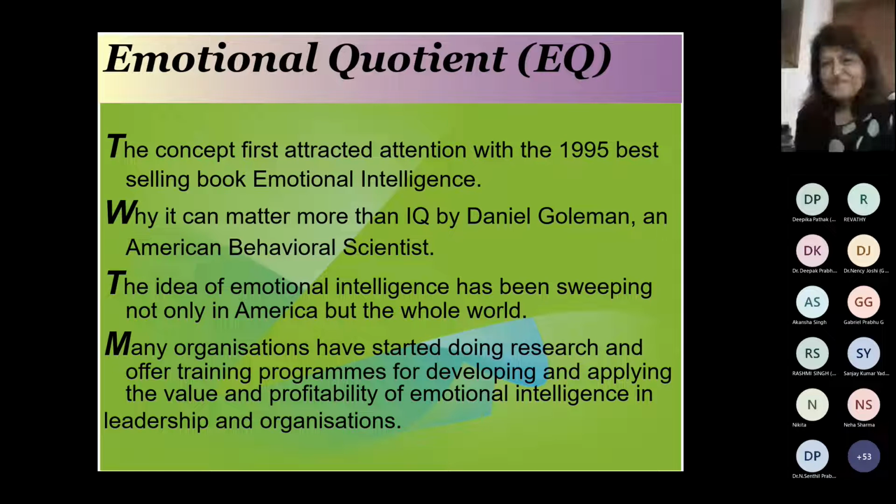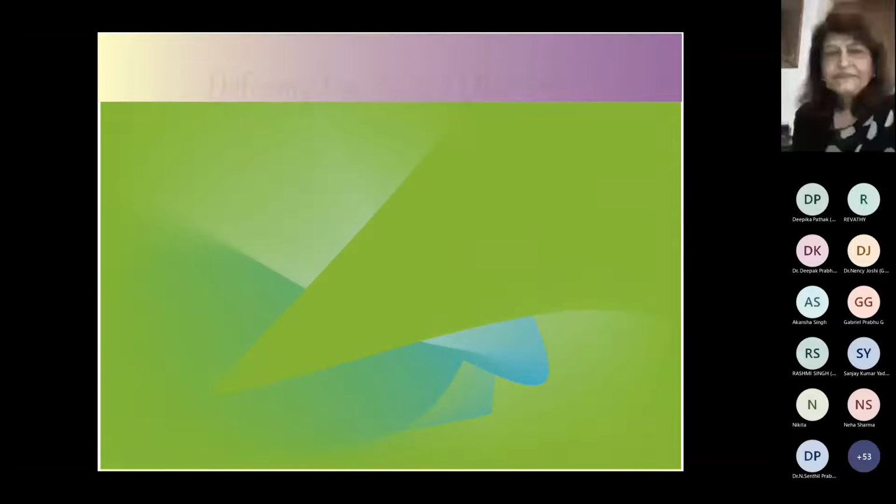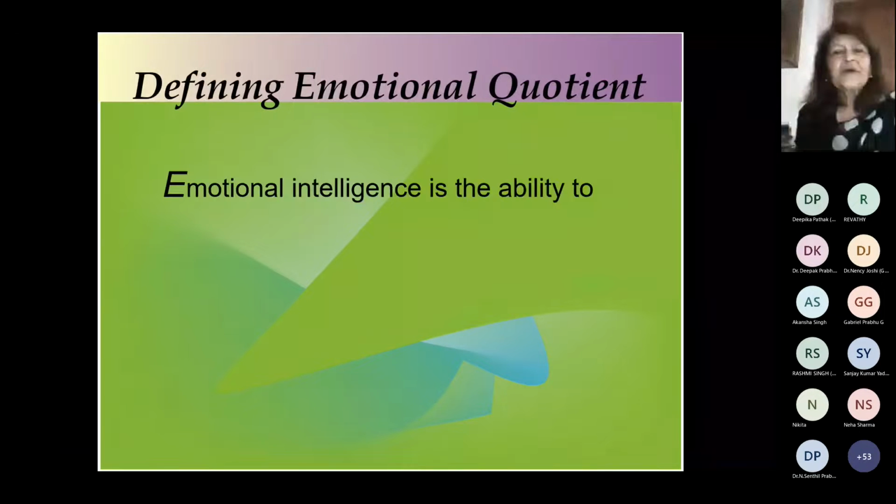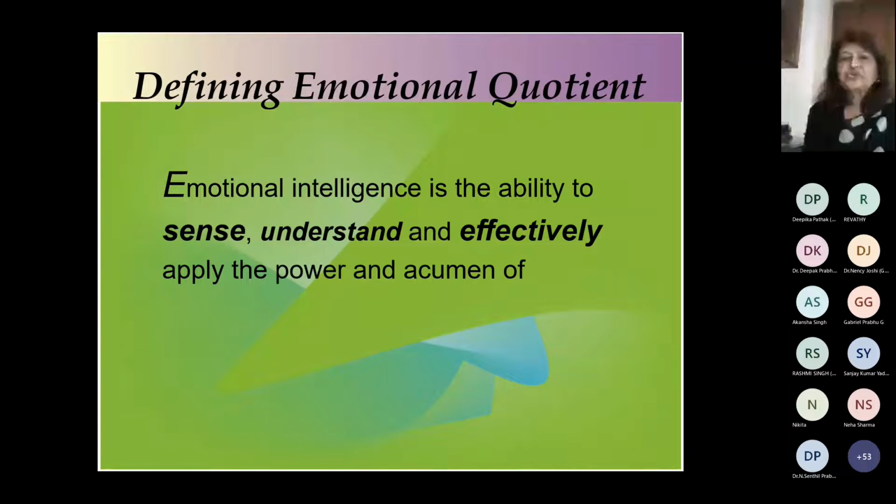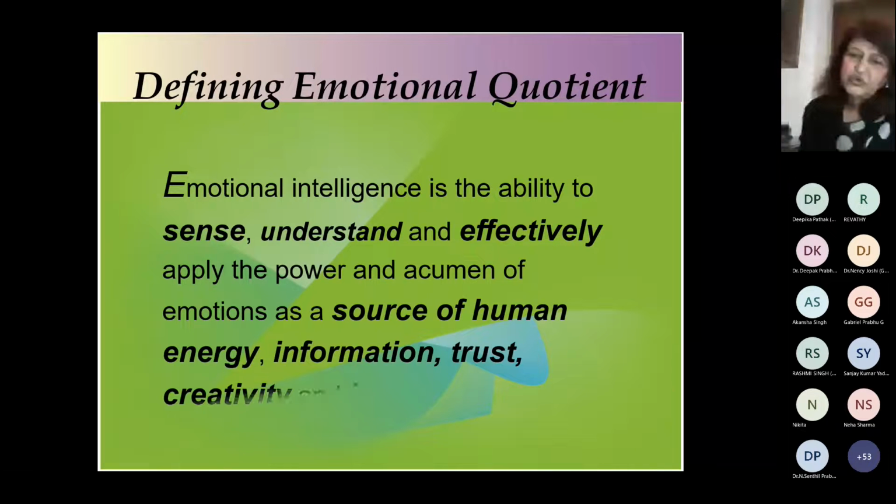Next slide. So we are now going to understand what is emotional intelligence, and we are going to work on it. Okay, next slide. So we are going to define emotional intelligence. What is emotional intelligence?